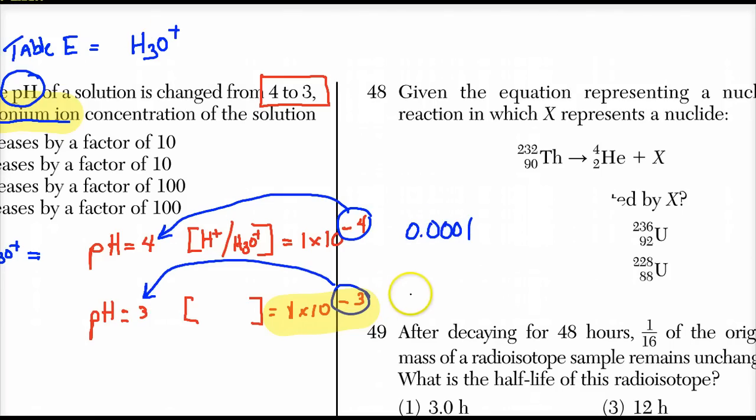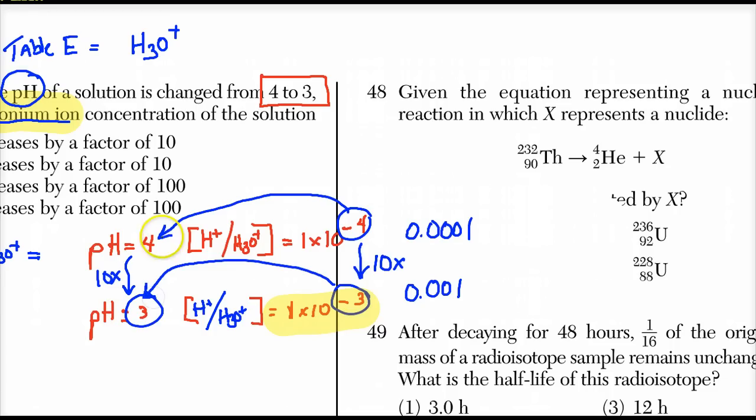This one right here is 0.001. This is bigger by what? 10 times. Therefore, your H plus ion concentration, your H3O plus, increases 10 times. This is really an exponent.